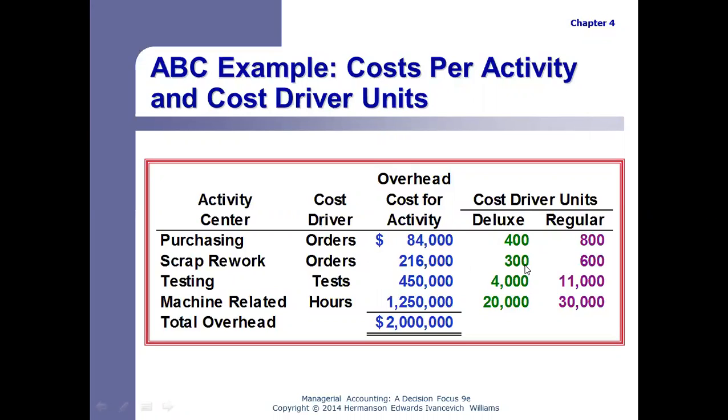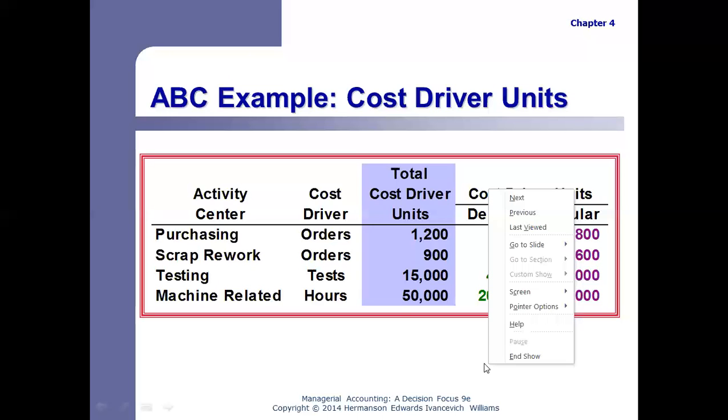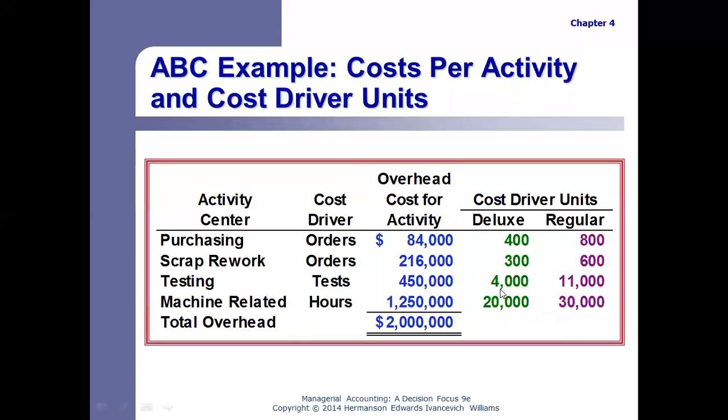For scrap rework, there must have been 300 scrapping reworks, 300 orders of those, 600 orders of the regular. So these are the quantities or number of units of these drivers. And we'll see how they tie into the allocation in a second. So again, remember these numbers here.